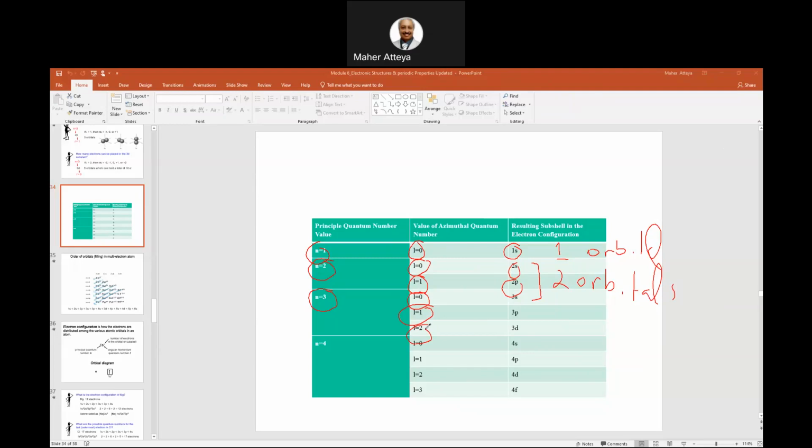So you have the 3s, 3p, and 3d. Those are 3 orbitals. So from now on, you will see those orbitals coming.